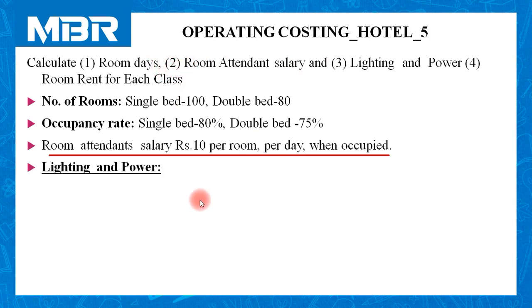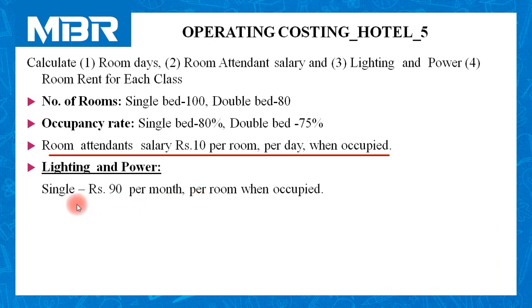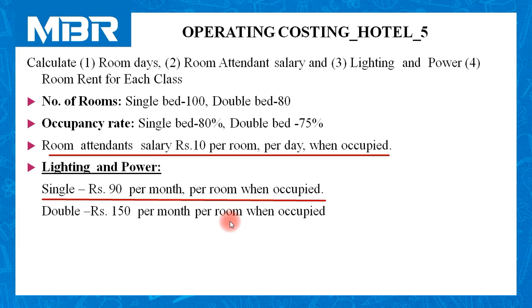Lighting and power. For single room, the lighting cost is rupees 90 per month per room when occupied, and for double room the cost of lighting and power is rupees 150 per month per room when occupied.